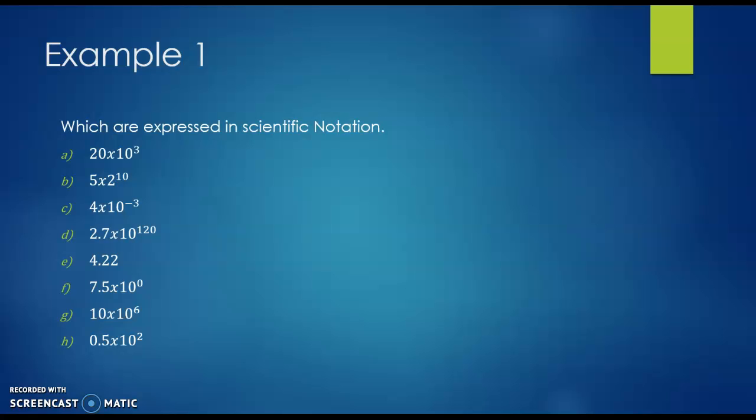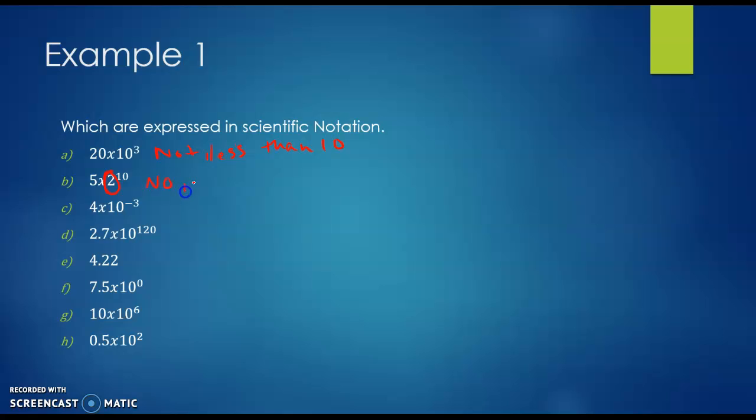All right, so example 1. Which of these are expressed in scientific notation? A is not. It's not less than 10. 5 times 2 to the 10th, this is what gets us on this one.